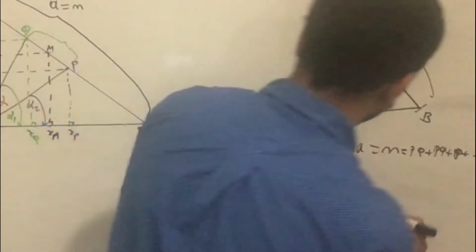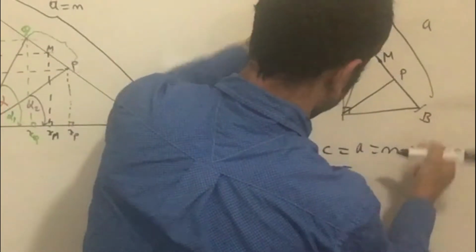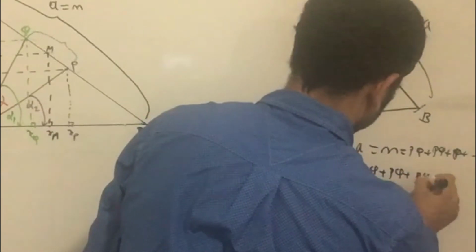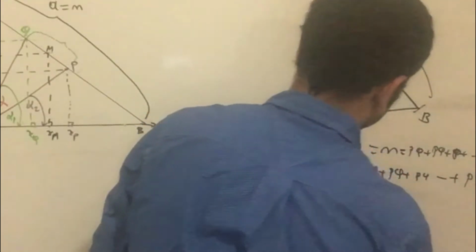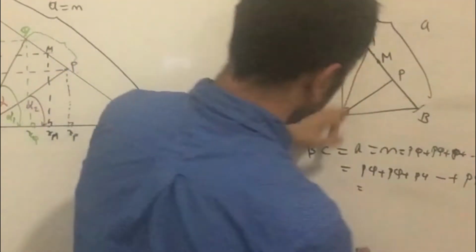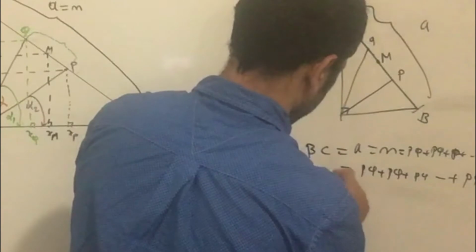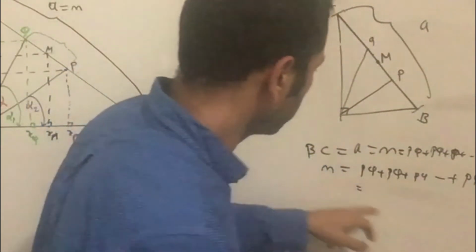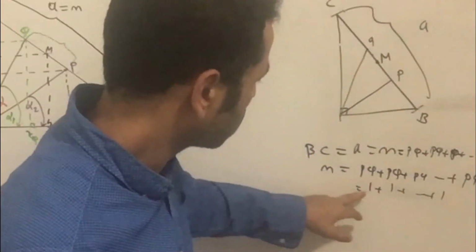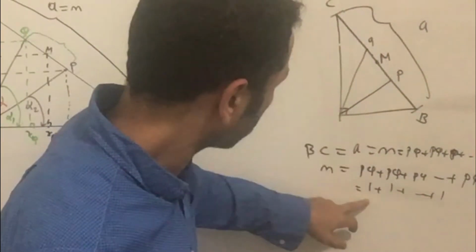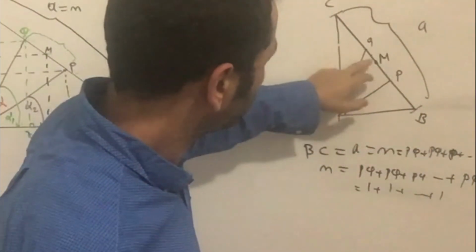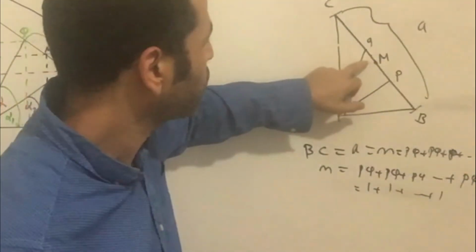So this distance BC equals PQ plus PQ plus PQ until you get the last term PQ, divided into pieces, into parts. Since n equals PQ plus PQ and so on, PQ equals 1 plus 1 plus 1, until the last term. That means PQ equals 1. But I don't want PQ. I want these distances MP and MQ.